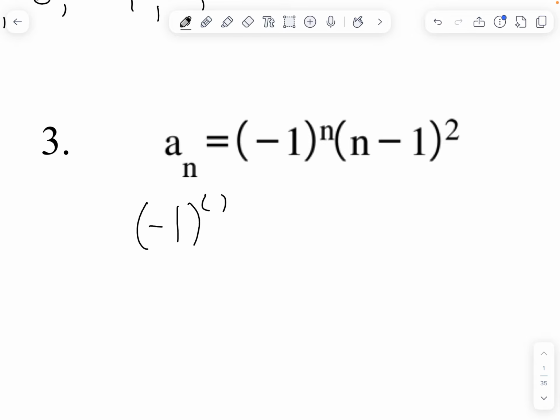Tetration is another type of exponentiation, but that's just not used that much in pre-calc. So n minus 1 squared.